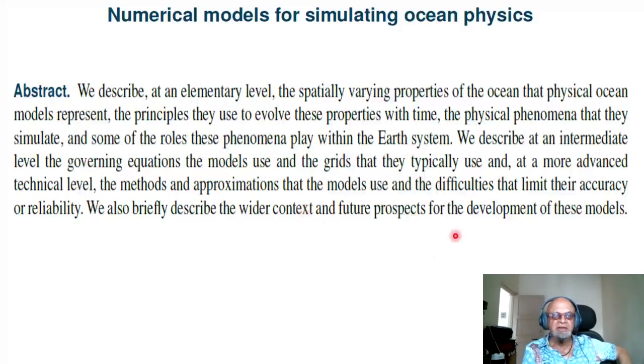And they describe at an intermediate level the governing equations the models use and the grids that they typically use, and at a more advanced technical level the methods and approximations that the models use and the difficulties that limit their accuracy and reliability.